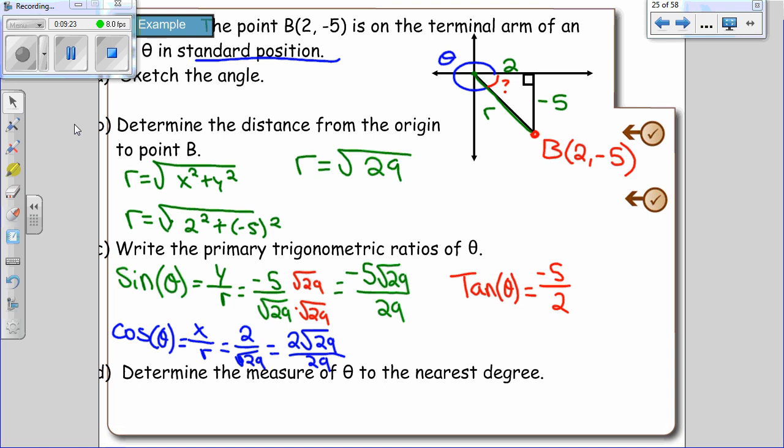If you use the sine ratio and calculate your angle, it'll tell you that the angle is negative 68 degrees.